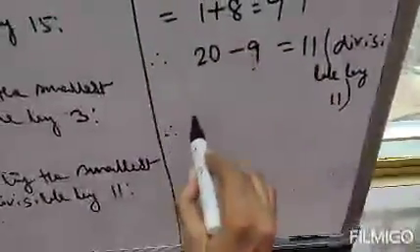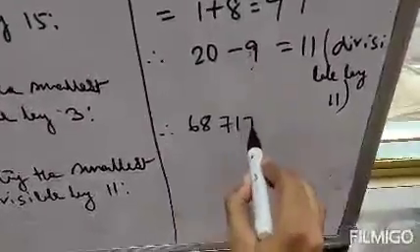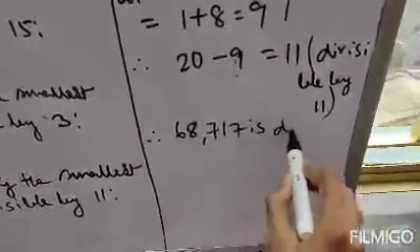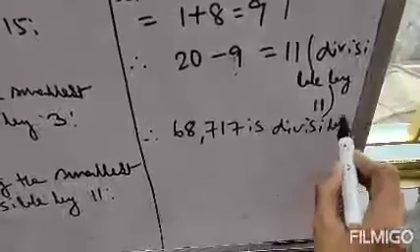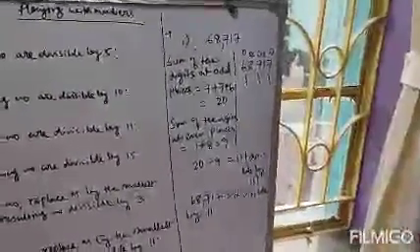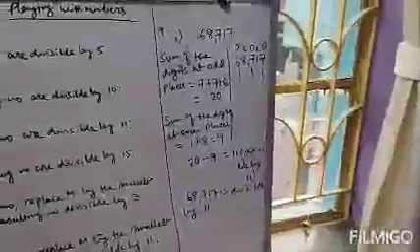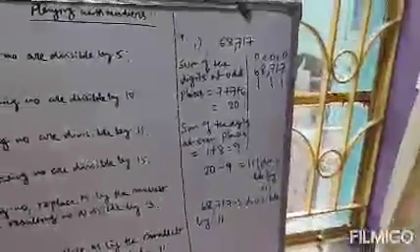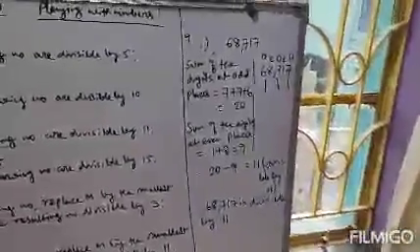So we will write finally, 68717 is divisible by 11. This is your answer. This should be done in this format. Just classify the digits first as odd and even places, then add, then subtract, and see whether it is 0 or a number which is divisible by 11 or not.